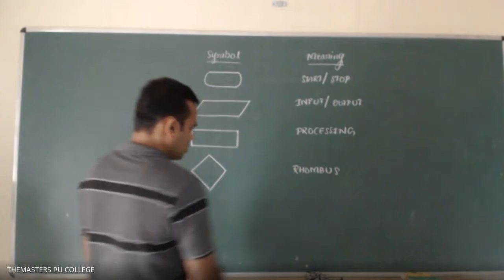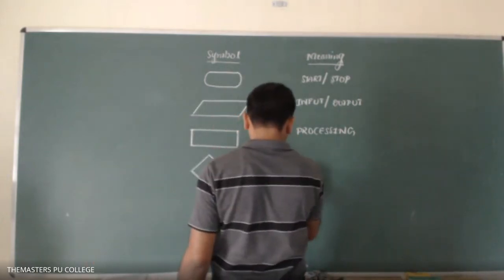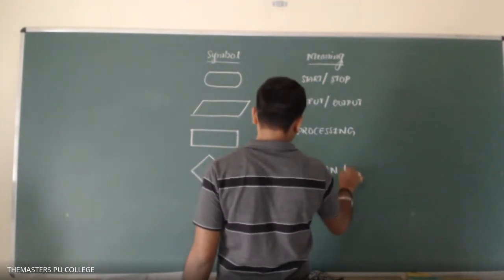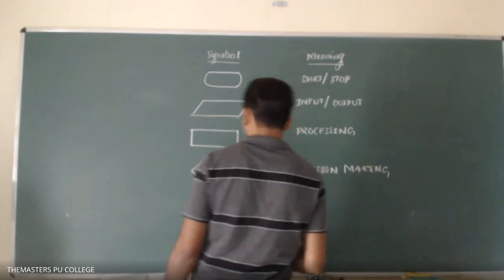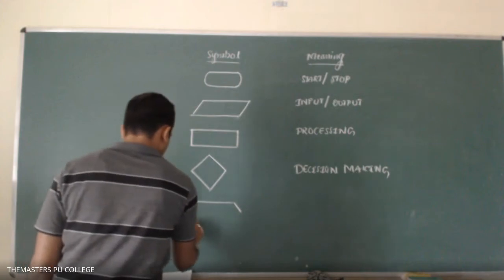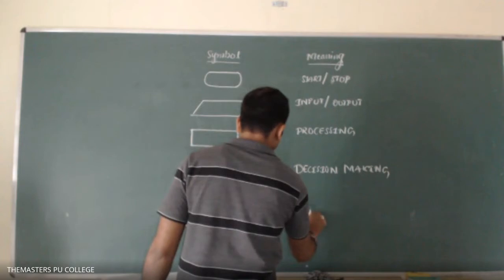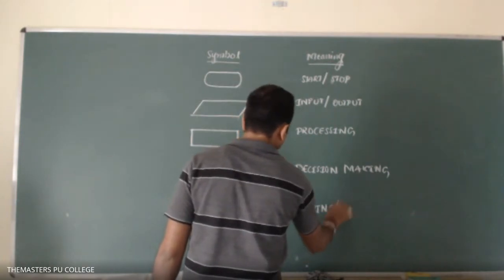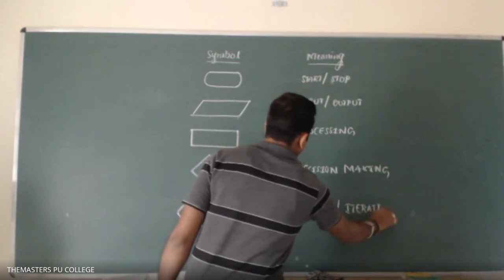Rhombus indicates decision making. Okay, next. This is for looping. So hexagon, looping or iteration, we call it looping or iteration.